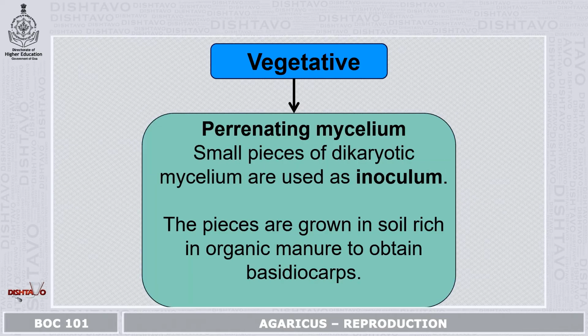Vegetative reproduction: the Agaricus species vegetatively propagate by means of perennating mycelium, and it happens in most of the edible species of Agaricus, where small pieces of dikaryotic mycelium are used as inoculum. The pieces are grown in soil-rich organic manure to obtain the basidiocarps.